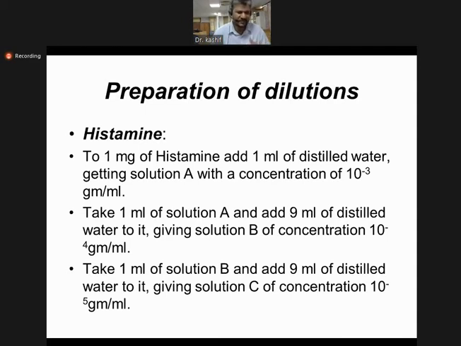So we use 3 tenfold dilutions: 1 milligram per ml, then 0.1 milligram per ml, and then 0.01 milligram. So you serially dilute this chemical. Histamine is prepared in 3 dilutions so that you can see the dose graded response: as the dose increases, how the response changes.